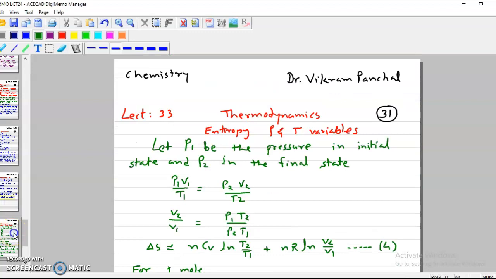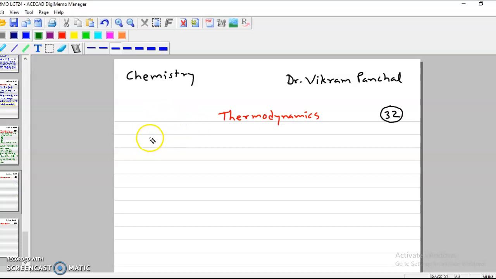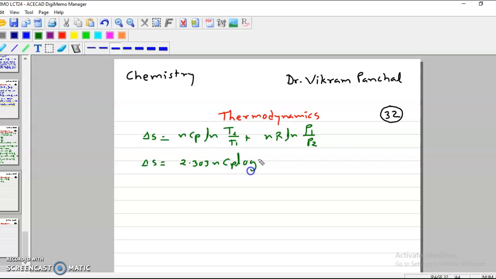So substitute these values over here in this equation. So we write that delta S is equal to nCp ln T2 upon T1 plus nR ln P1 upon P2, or delta S is equal to 2.303 nCp log T2 upon T1 plus 2.303 nR log P1 upon P2.